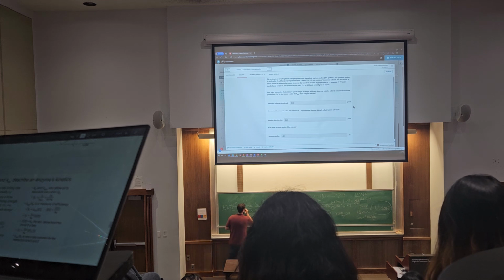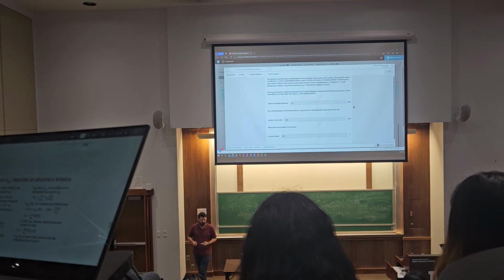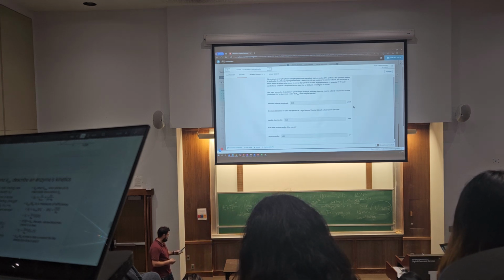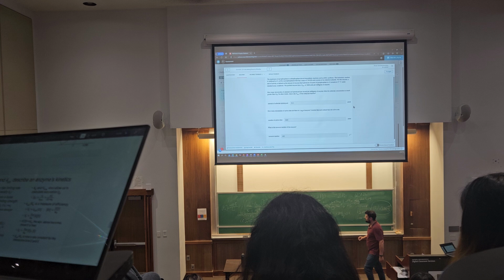This will be 31.11 micromoles per second divided by E total. Let's divide that by 622. This means that E total equals 0.05. Okay? 0.05.